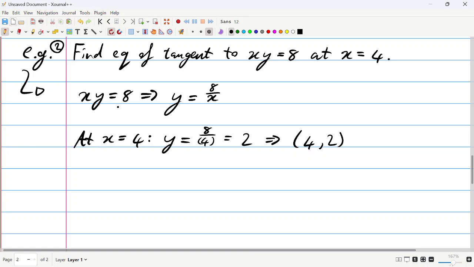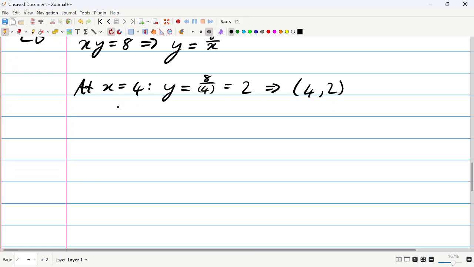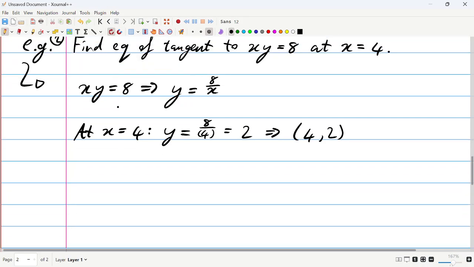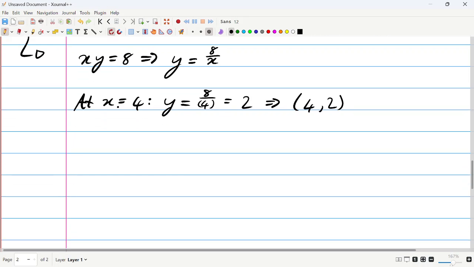Now what we need to find is the gradient. Remember, the tangent equation is going to be in the form y equals mx plus c, but we need to find out what m is, and m is just the first derivative of the function, which is dy by dx, because it's in the form y equals.